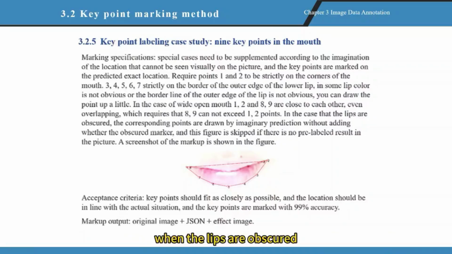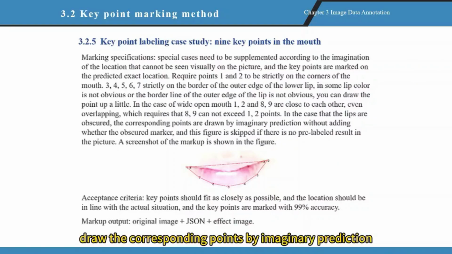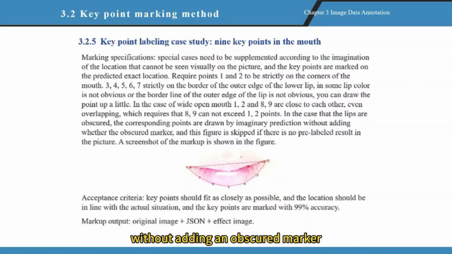When the lips are obscured, draw the corresponding points by imaginary prediction without adding an obscured marker. Skip the figure if there is no pre-labeled result. The acceptance criteria require the key points to fit closely, be in line with the actual situation, and be marked with 99% accuracy. The markup output includes the original image, JSON, and the effect image.